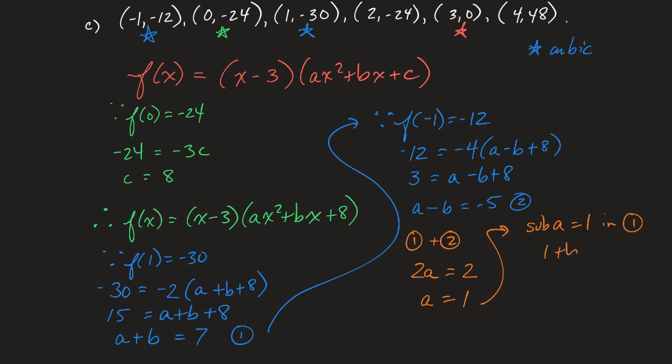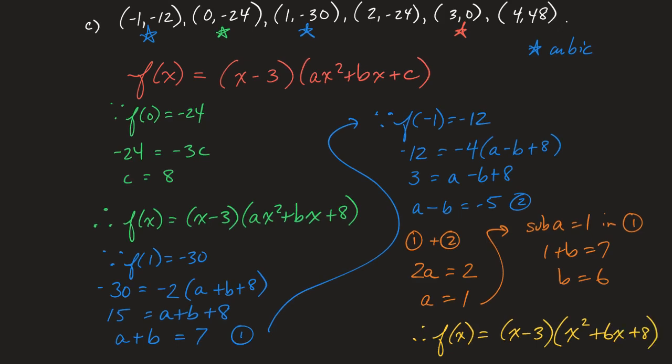So I get 1 plus b equals 7, and so b equals 6. And that's what allows me to create my function. I just found out that f of x is equal to x minus 3, and then my quadratic factor has an a value of 1, a b value of 6, and a c value of 8. And there we go.